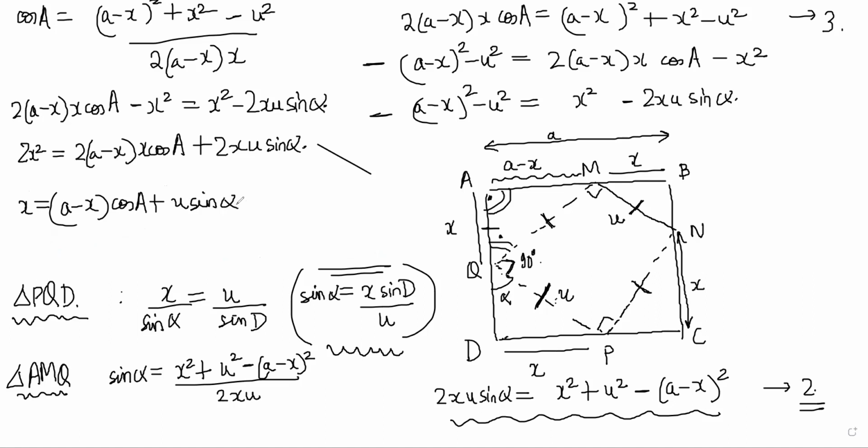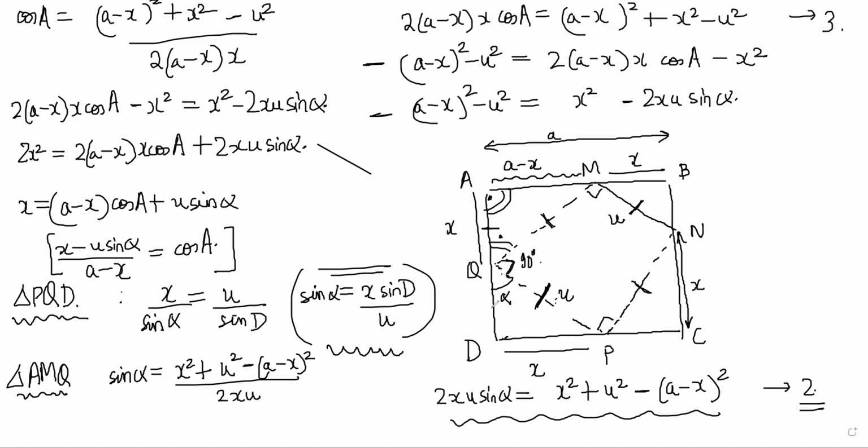Great. (a − x) cos A + u sin α is equal to x, and we can isolate cos A here. We can say (x − u sin α)/(a − x) is equal to cos A, right? We are getting this, correct?